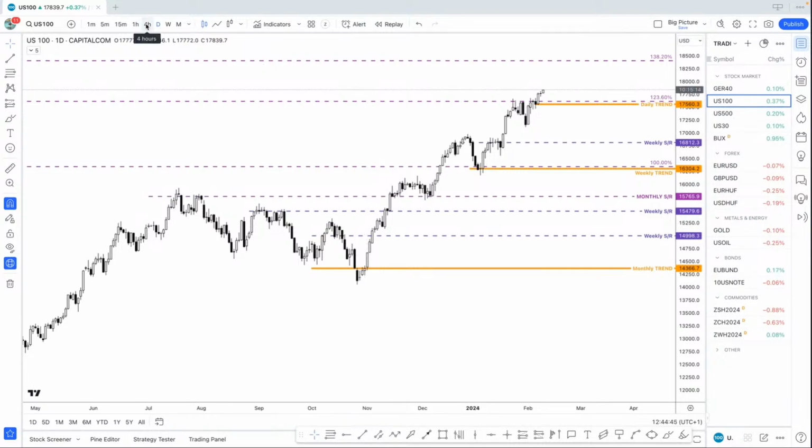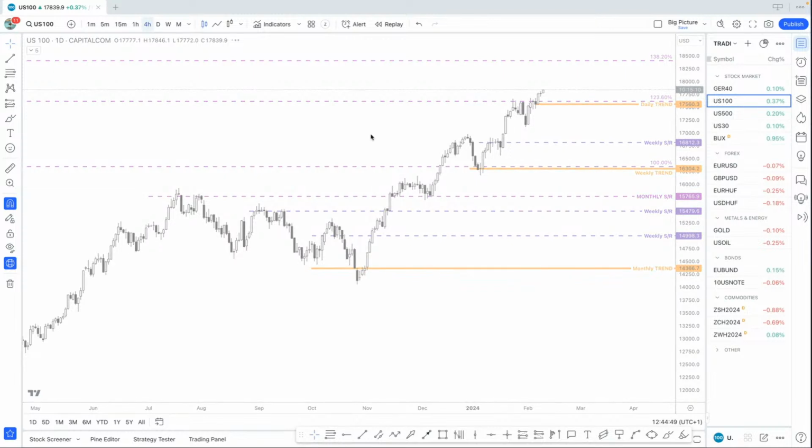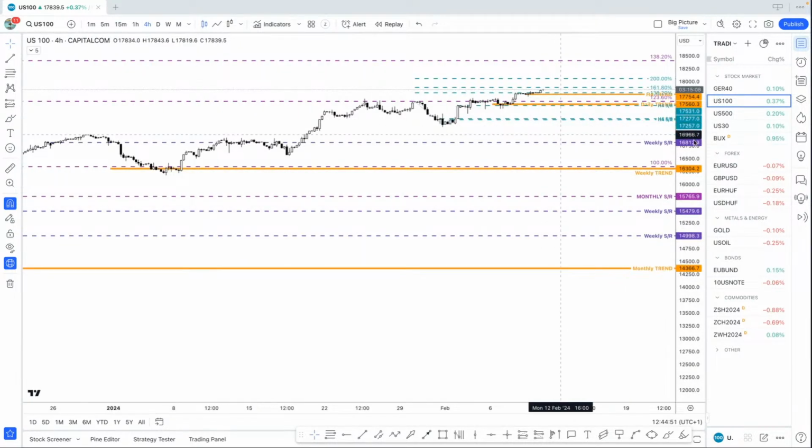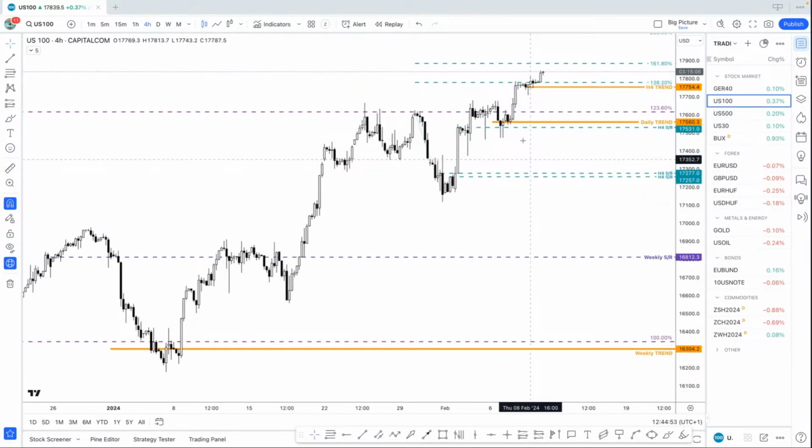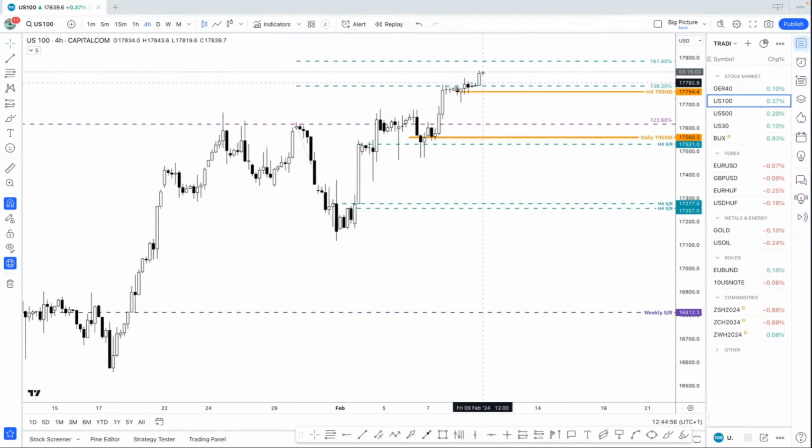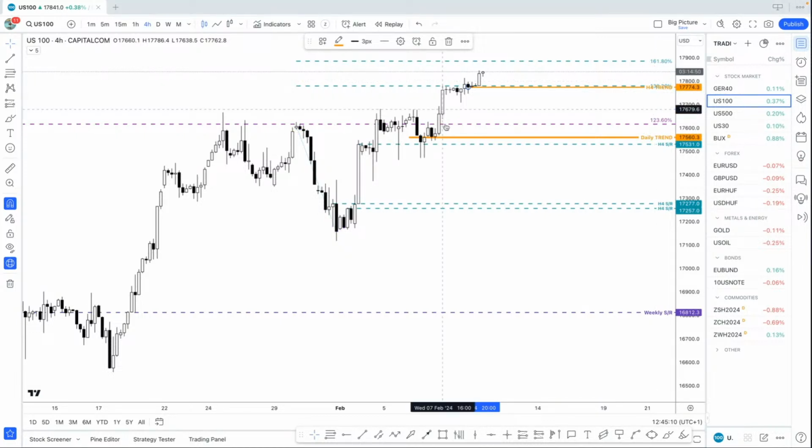And if we check out, we can see that on the daily we have the last impulse here. And if we check out the 4 hour chart, I move my 4 hour trend to here. We've passed the 4 hour correction's target FIBO 138.2, and we are heading towards the 61.8. And for example, we have a counter trend here.